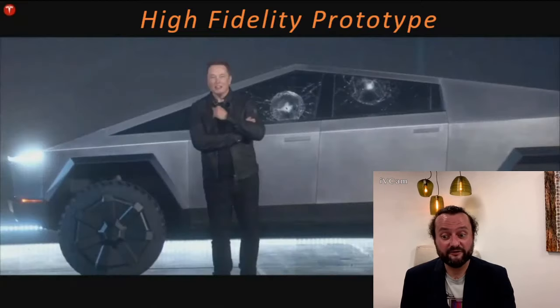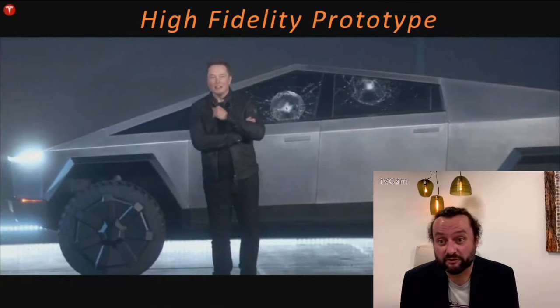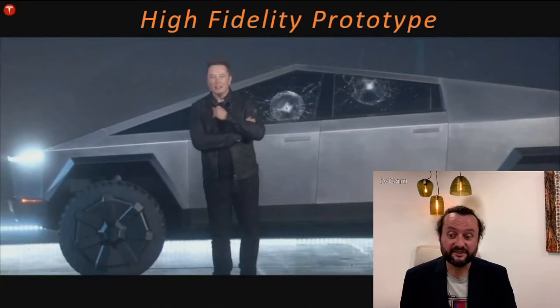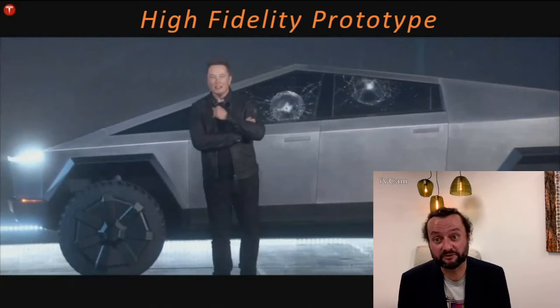And then there are different levels of complexity of prototypes. Most of us have probably seen at least bits of the introduction of Elon Musk's Tesla Cybertruck, and this is a physical prototype, a drivable prototype, which we would call a high fidelity prototype.